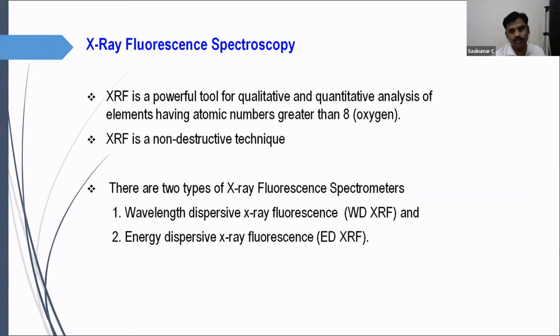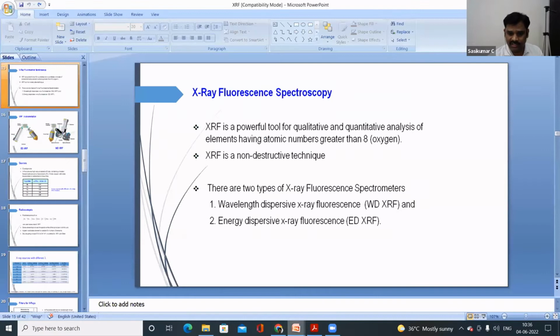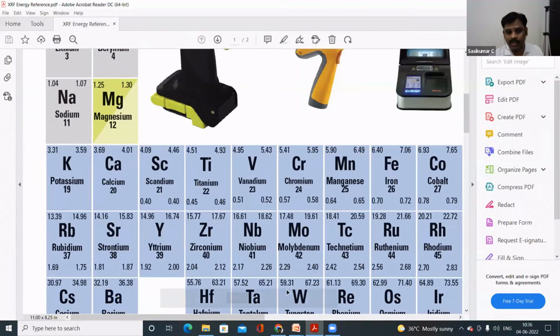But please do remember that if the atomic number is less than 8, that is below oxygen, you will not get any X-ray spectrum. In fact, it is a very weak signal you will be getting. So you cannot analyze these elements using XRF, especially the elements having an atomic number much lesser than 8.